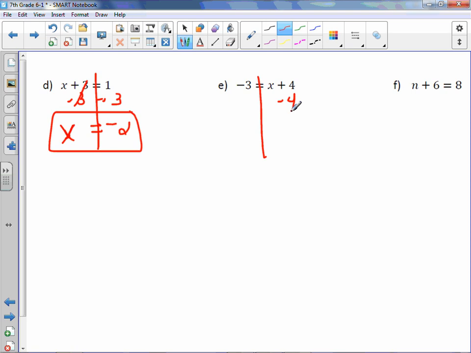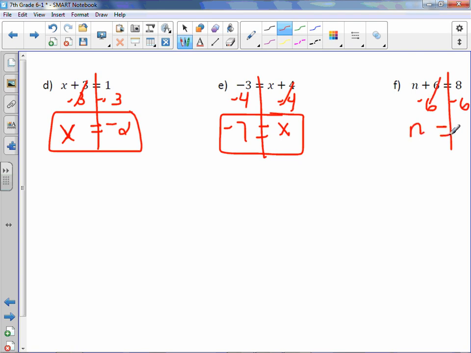Subtract 4 from both sides. Negative 3 minus 4 is negative 7, so negative 7 equals X. Letter F, N plus 6 equals 8, minus 6 from both sides, N equals 8 minus 6 is 2.